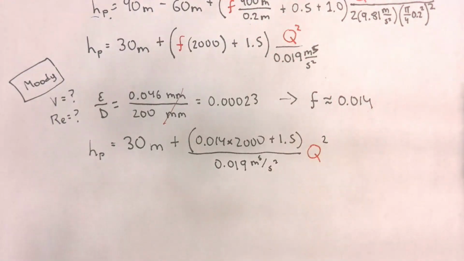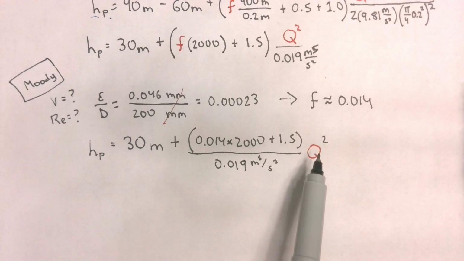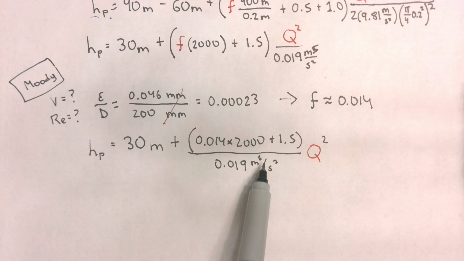At this point, I'm just going to ignore the units because I know this is dimensionally homogeneous, right? This will be meters to the 6th divided by second squared. So meters to the 6th divided by meters to the 5th is just meters. So my final answer will be in meters.